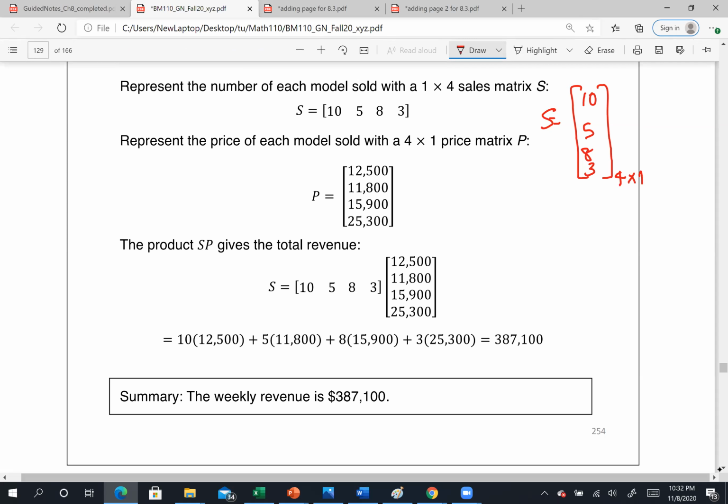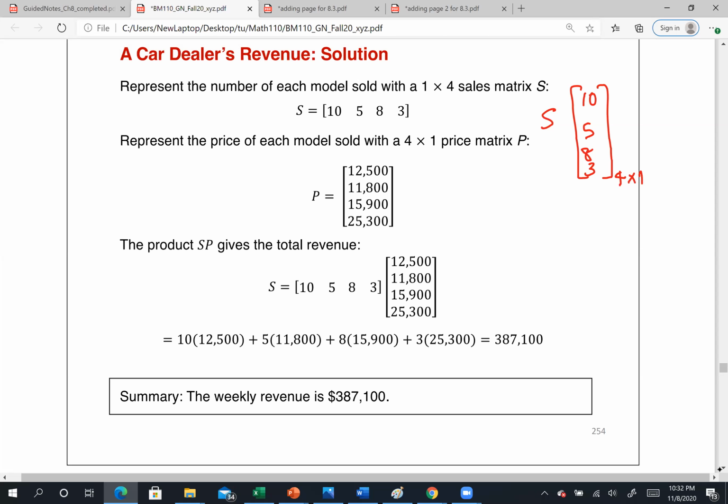But remember that later on, in order to make the product between S and P defined, the inner dimensions have to be the same, right?